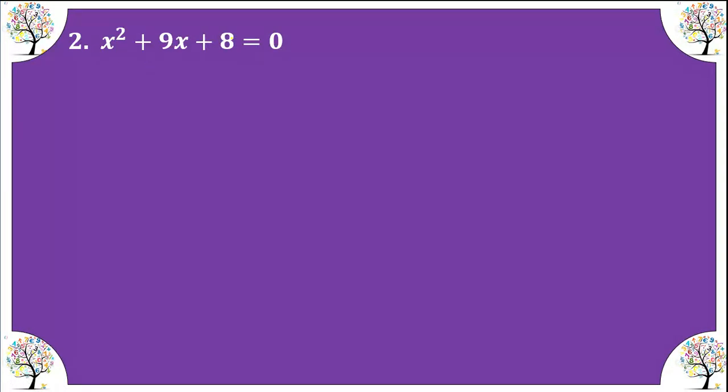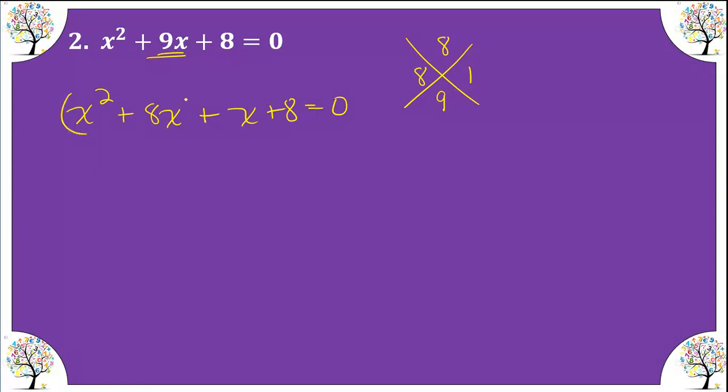Let's take a look at another example. Let's see how we're going to split 9x. We have 8 and 9, so 8 and 1 will be the two factors we use to rewrite this equation. We're going to group, and we're going to factor out.